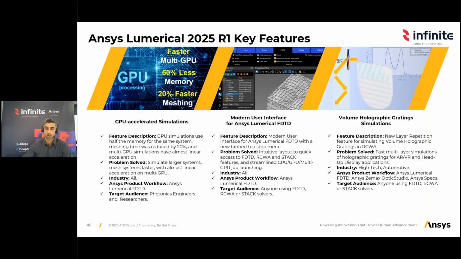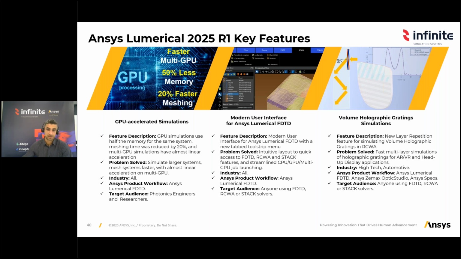I'll start with Lumerical. I think the main highlights good to share here are the improvements on the GPU solver. So just like Fluent, which I shared earlier, Lumerical also has a GPU solver, which is really massively improving solve times. So for those of you who are using Lumerical and you have a GPU available, that might be something to look into.